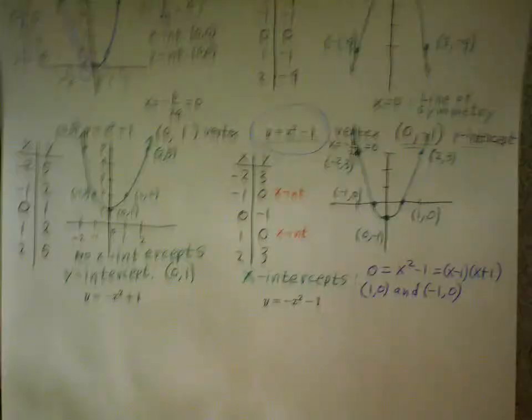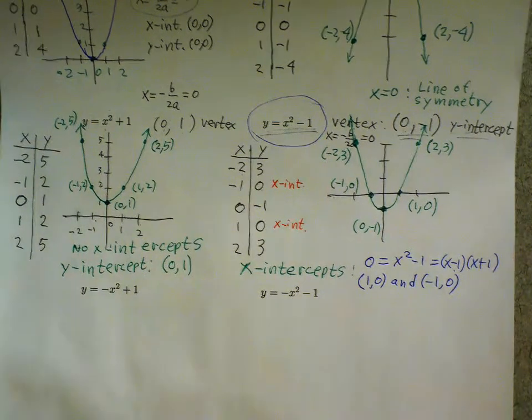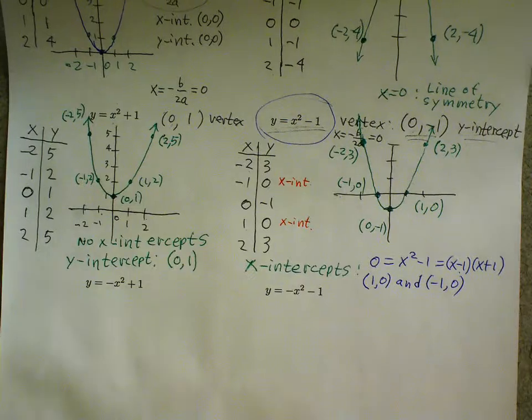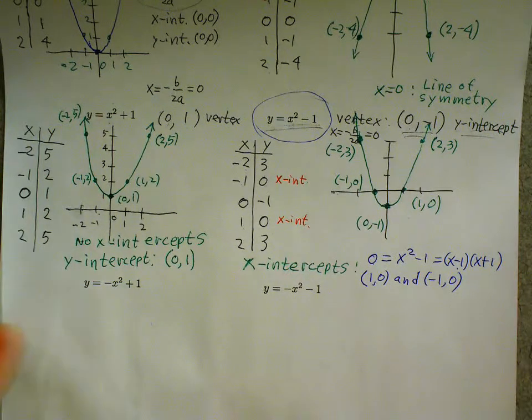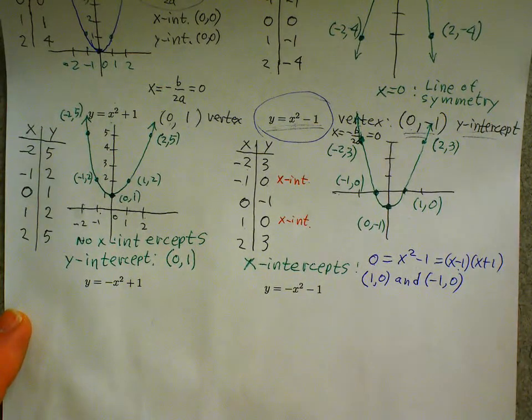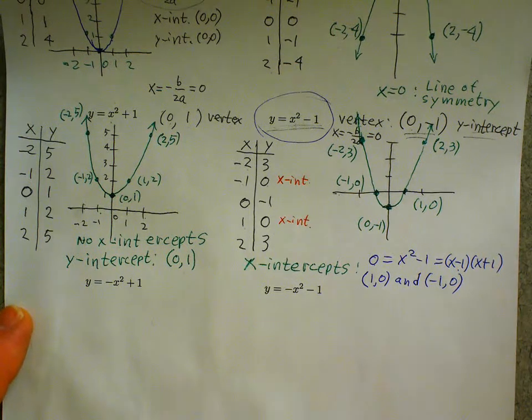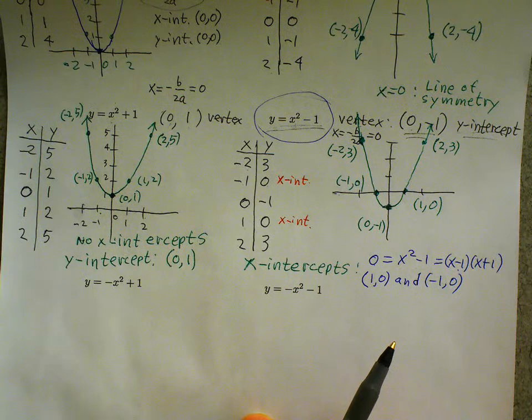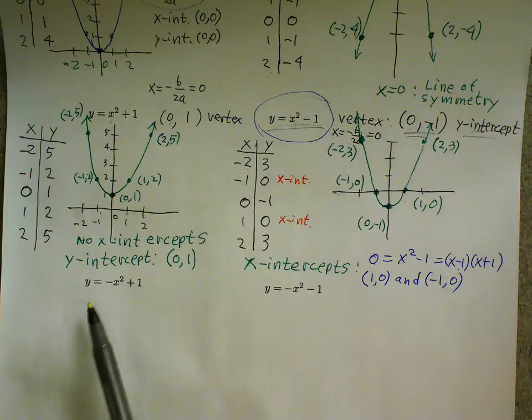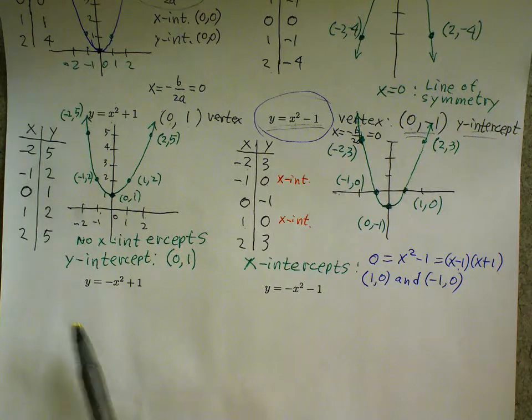All right, let's do the next two. Y equals -x squared plus 1. So we already graphed y equals -x squared.